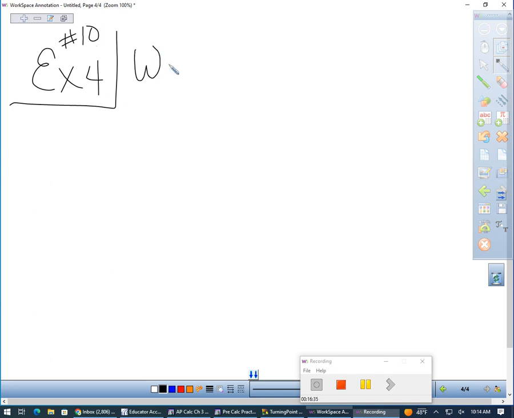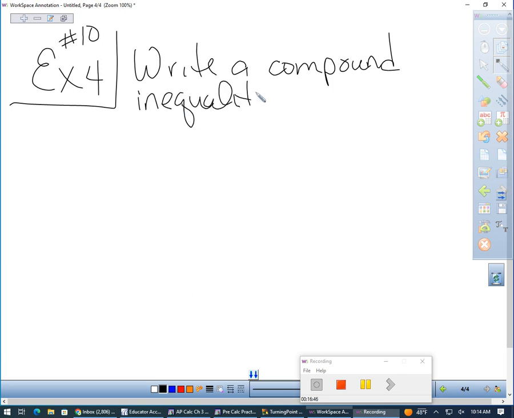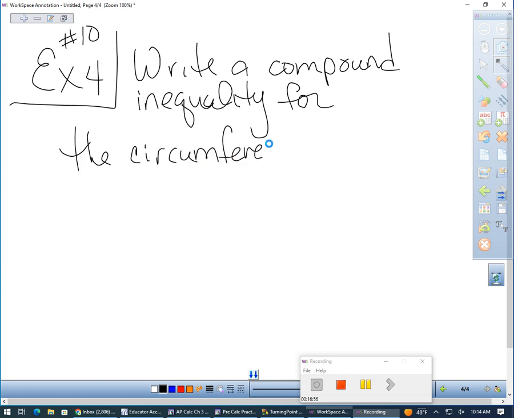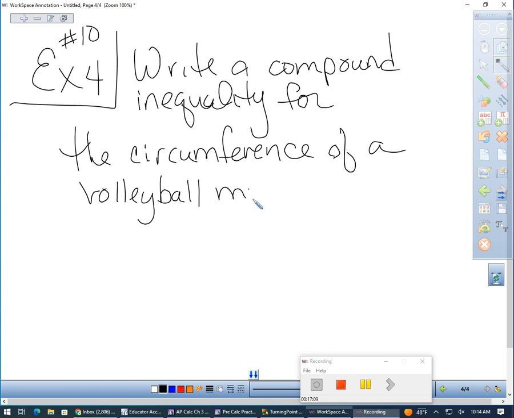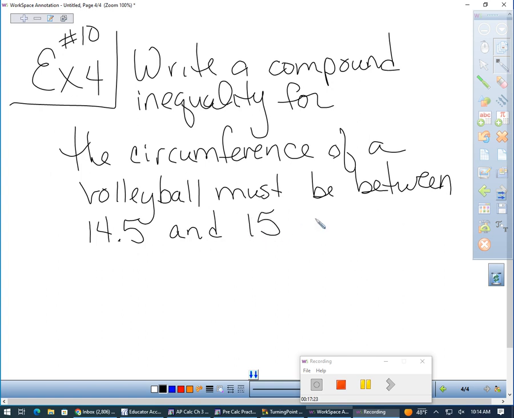I'm going to ask you to write a compound inequality for the circumference of a volleyball, which must be between 14.5 and 15, inclusive.